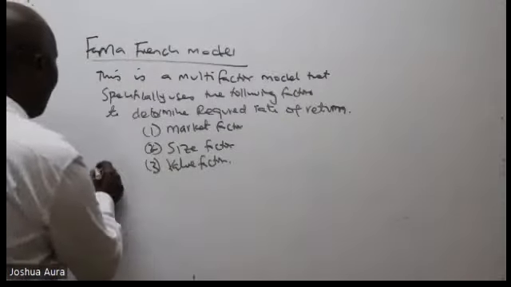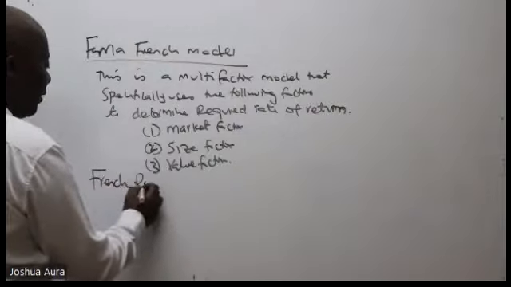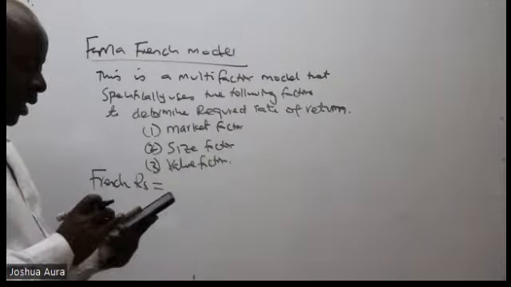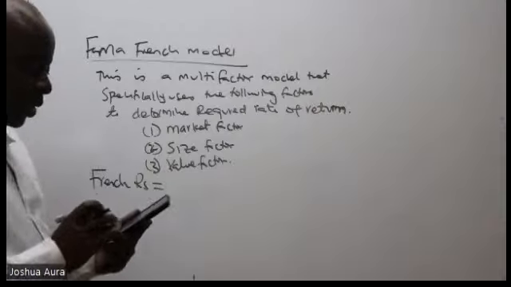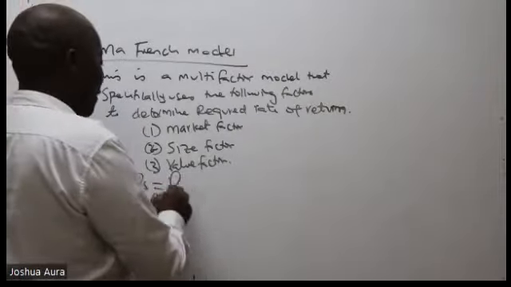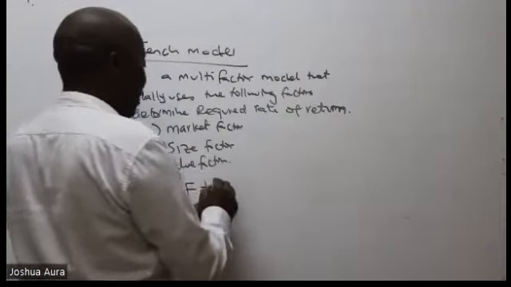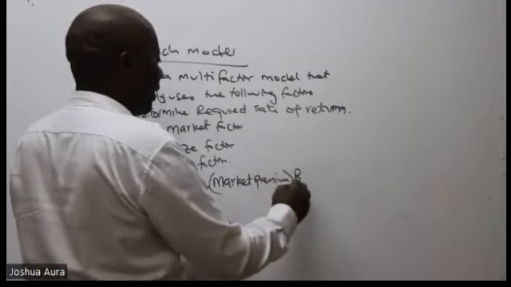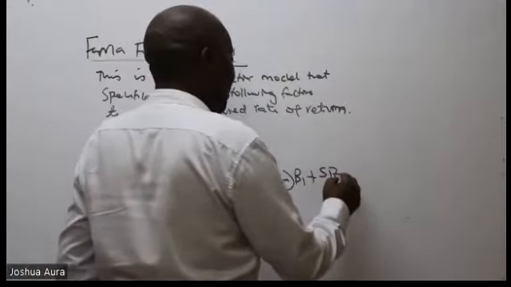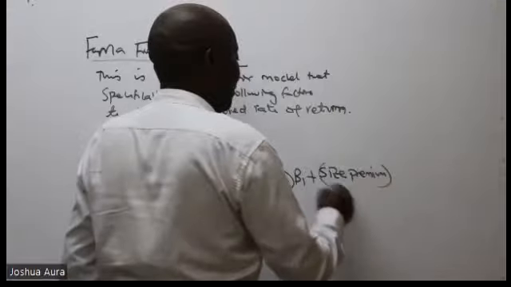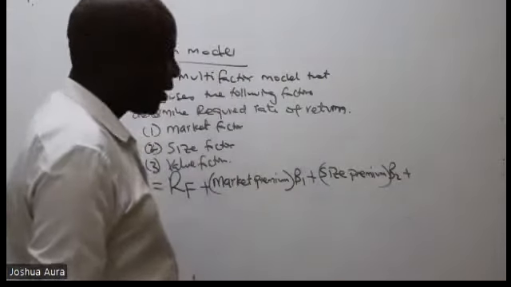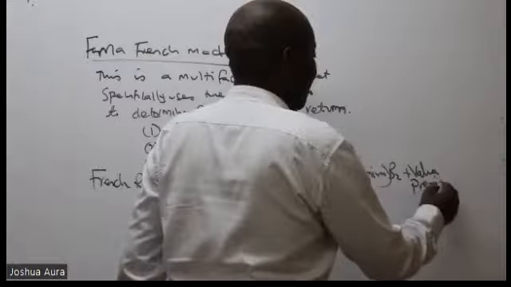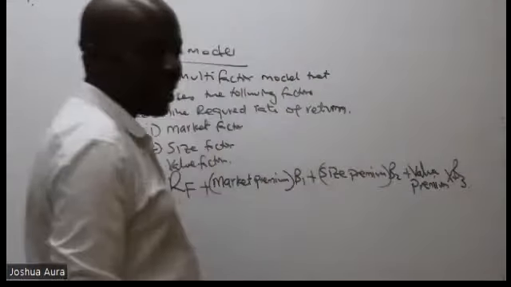So basically we are saying here that the French returns of a security will be equal to the risk-free rate of return, plus the market premium times beta 1, plus the size premium times beta 2, plus the value premium times beta 3.